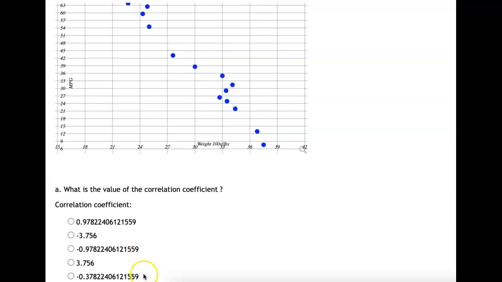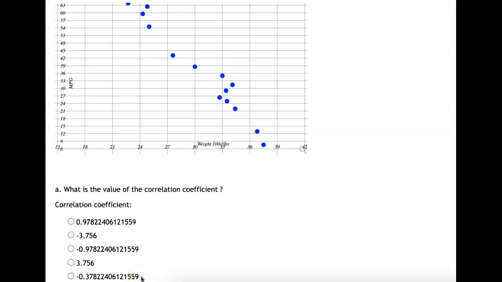So it's not going to be A. So C and E seem pretty reasonable because they're both negative, and that's what indicates the data going down as you go from left to right. If the data are pretty close to being in line, like if you could imagine drawing a line through these points and the points are fairly close, those are going to be values close to either +1 or in this case close to -1.